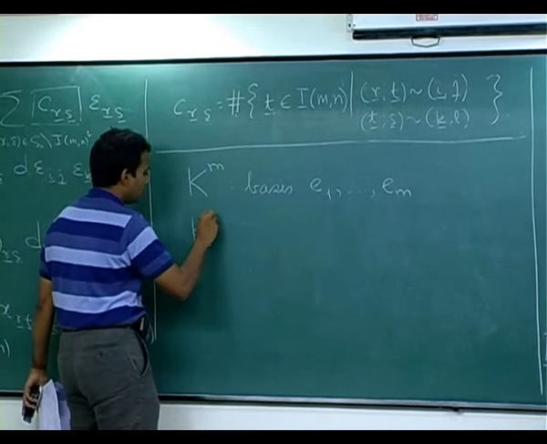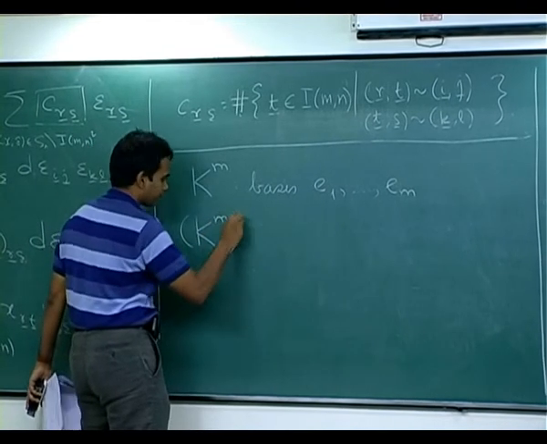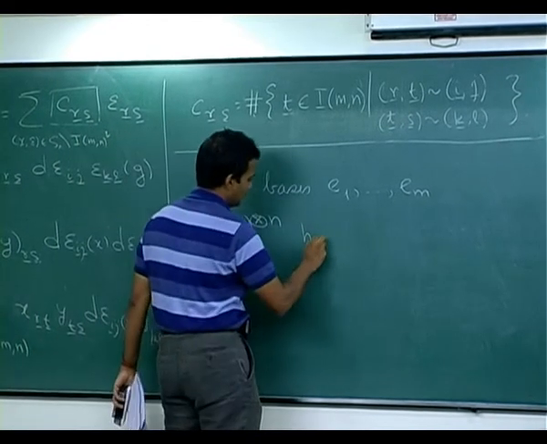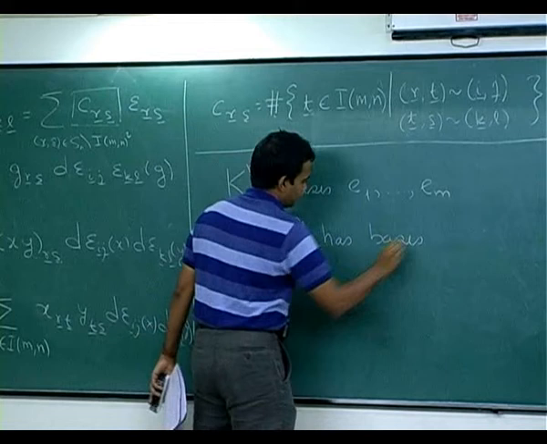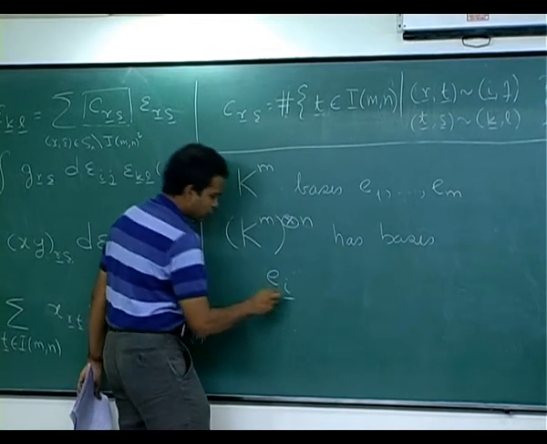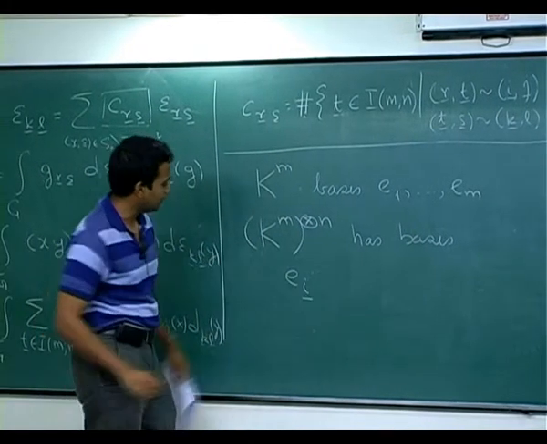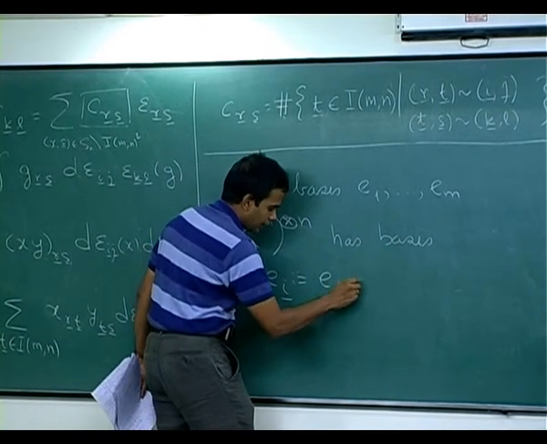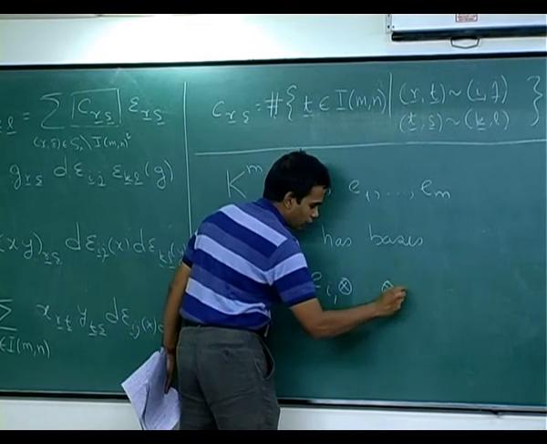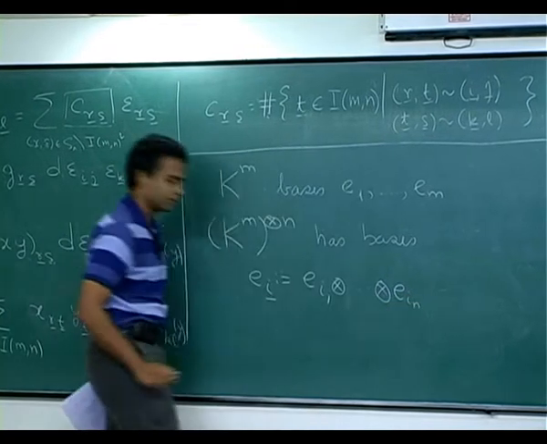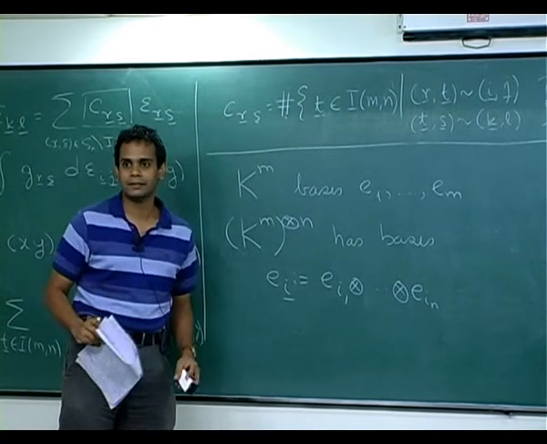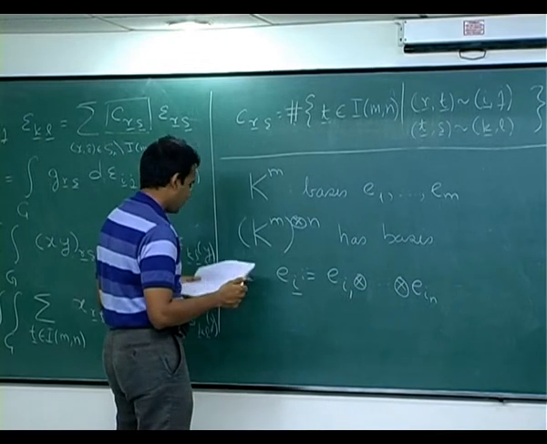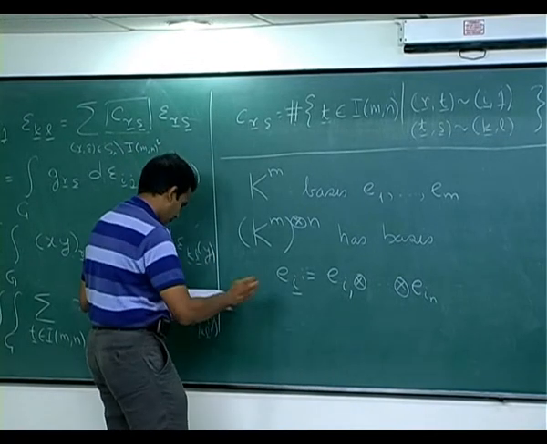Now, look at the n-fold tensor product of this. This has basis, I will denote it by E_I, where this I is a multi index, and I will just define this to be E_I1 tensor E_I2 tensor dot dot dot E_IN, where I is I1, I2, ..., IN. And this is a representation of S_n.